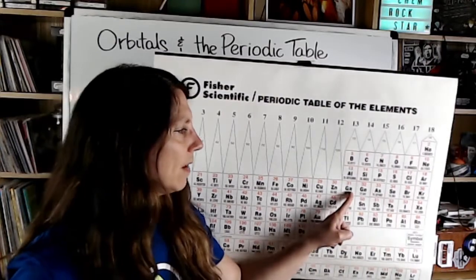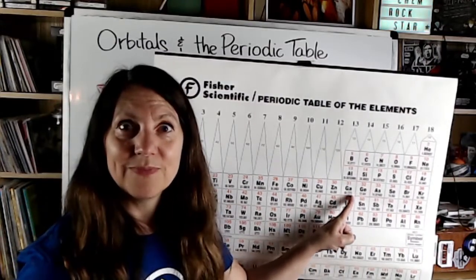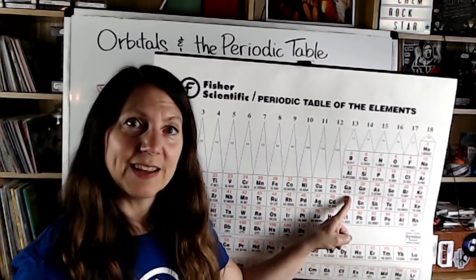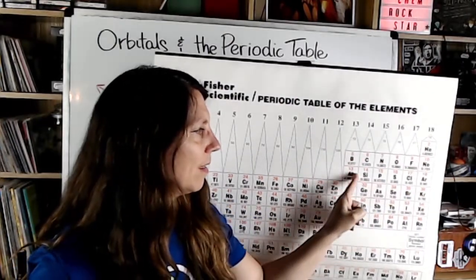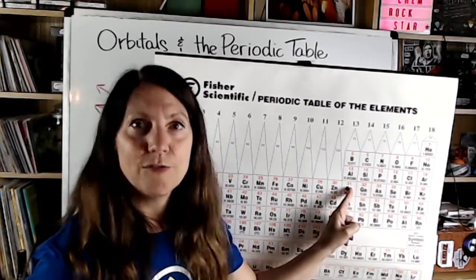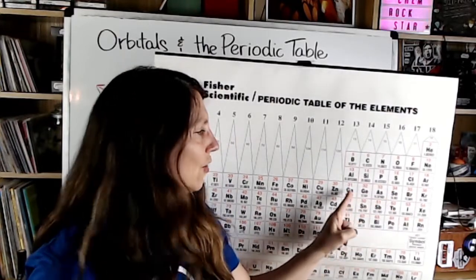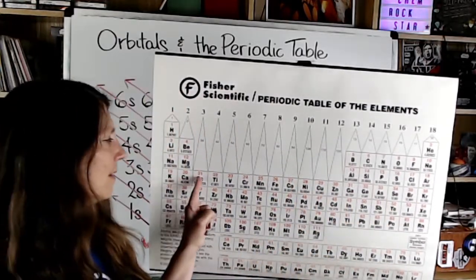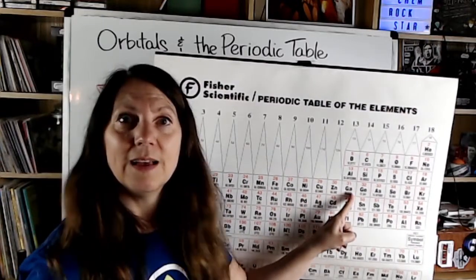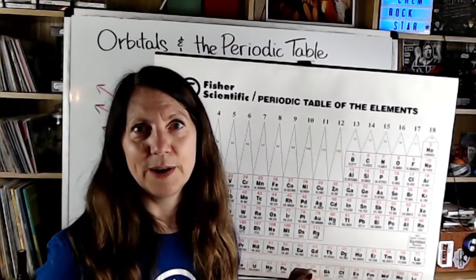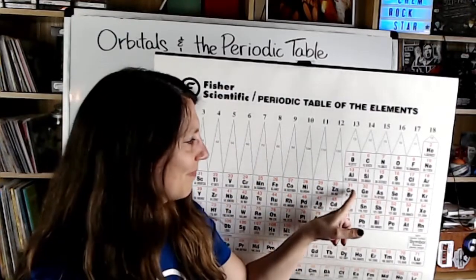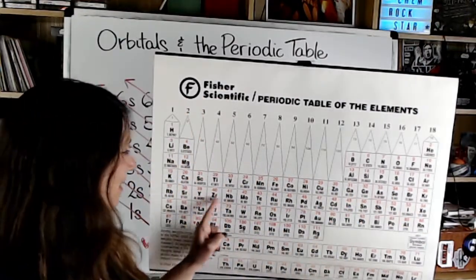And then when we get to gallium, what orbital are we filling? 2p, 3p, 4p. So we went from 4s, 3d, to 4p, but again, it's all here on the periodic table. We didn't need to do that thing. Okay, and then we go back to here.